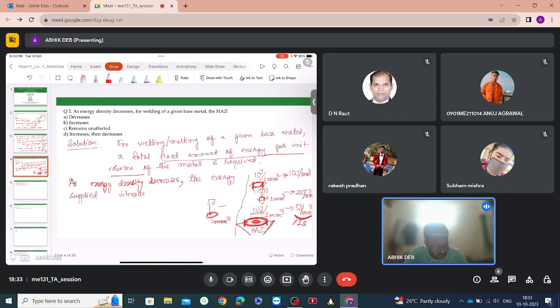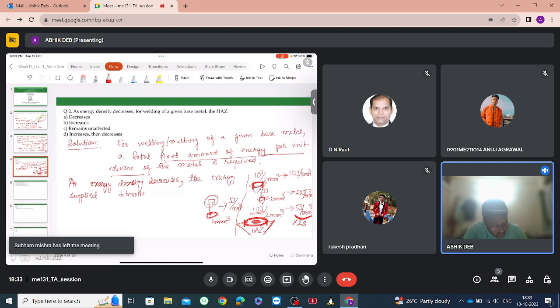That will also result in an energy density of 5 joule per millimeter cube, which will be less than what is required, that is 10 joule per millimeter cube. So energy density can decrease because the actual power that we are supplying is less, or the area has increased. It means that either the energy supplied has decreased, or the area on which it was acting has increased.